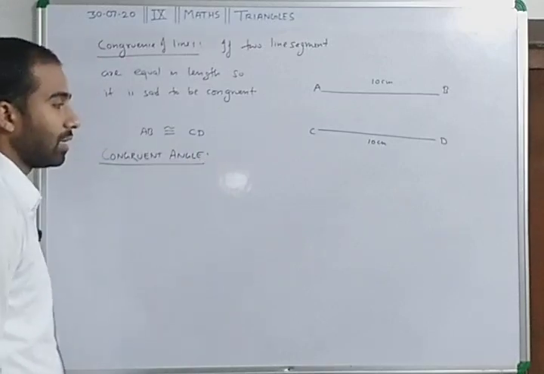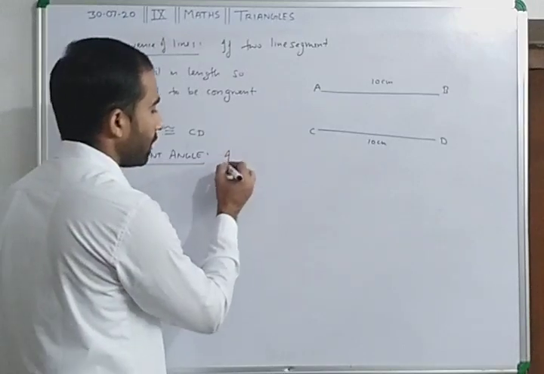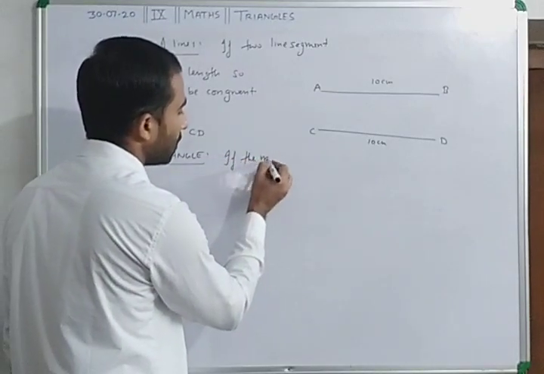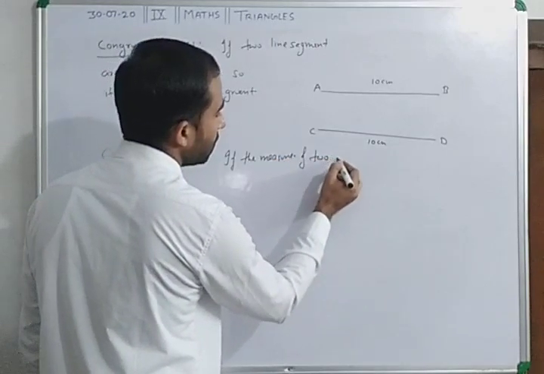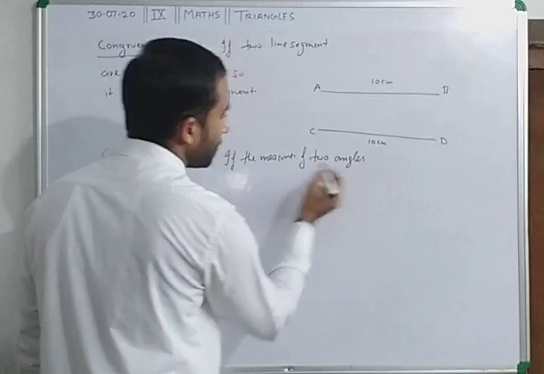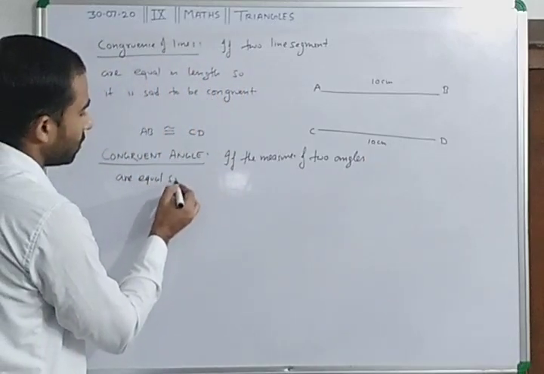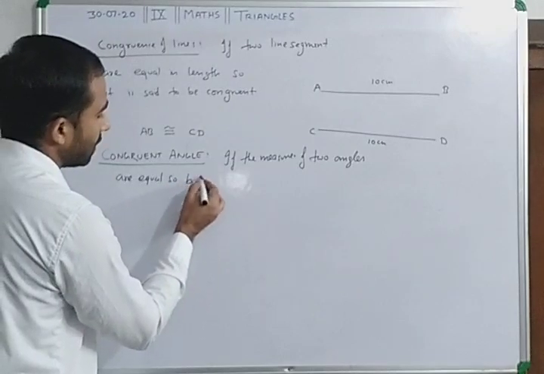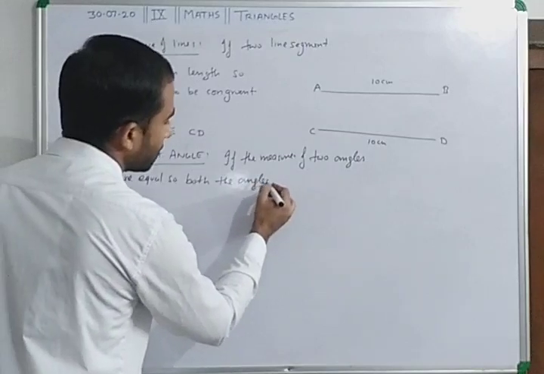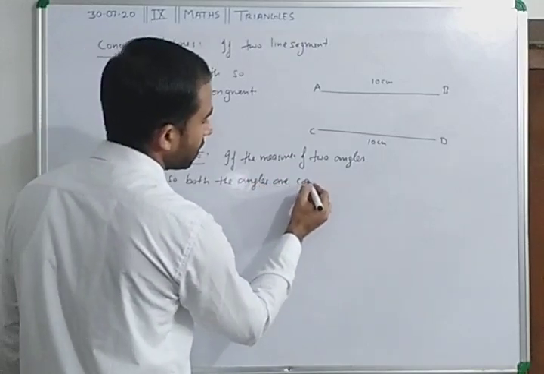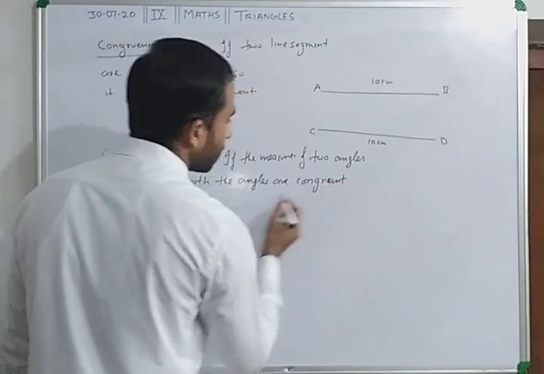It means if the measure of two angles are equal, so both the angles are congruent. Both the angles are congruent to each other.